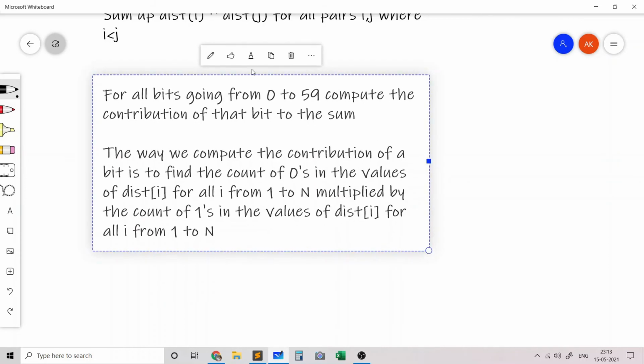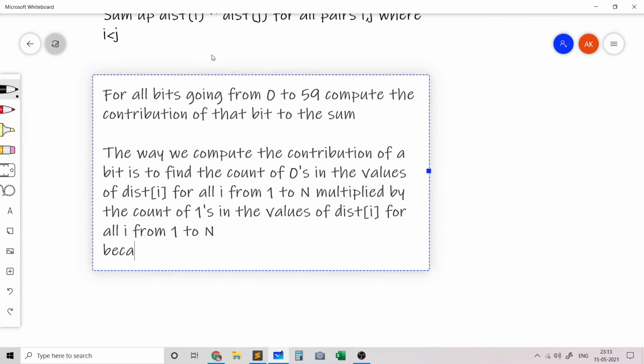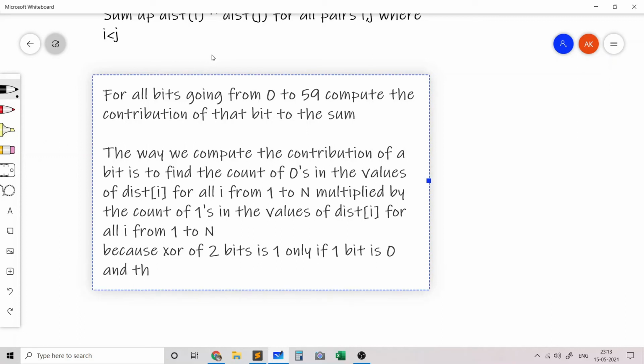And this is because the XOR of two bits is 1 only if one bit is 0 and the other bit is 1.